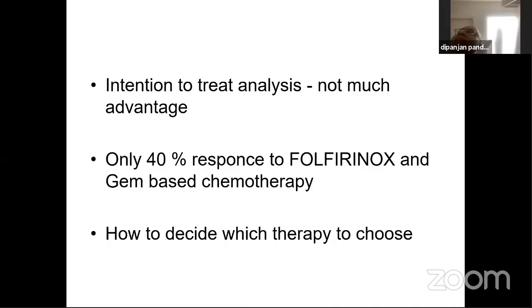Thank you. And secondly, I think this year, the NCTN group has come with their 18 months survival data with modified FOLFIRINOX, and it has shown almost, if I remember, 66% or so at 18 months, which is sort of unheard of before.